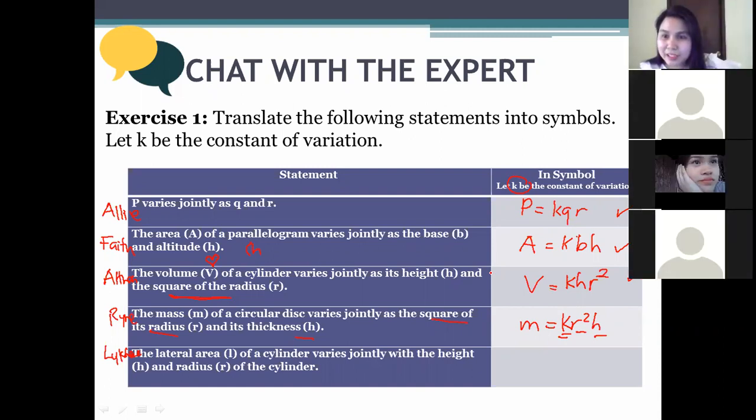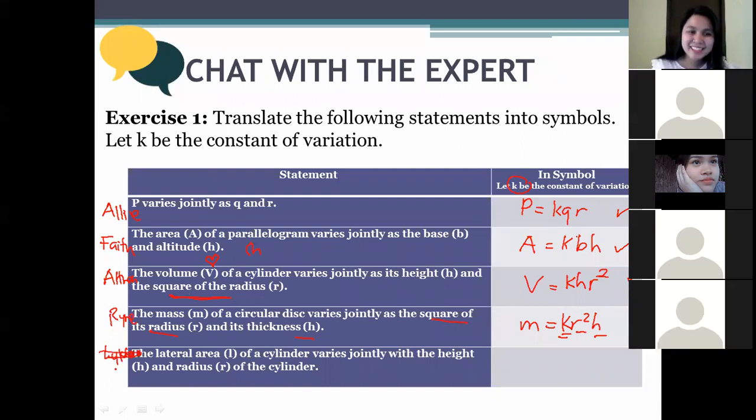How about Janine? Yes, ma'am. Can you answer the last one? How will you translate it? L equals K H R. Oh, very good. So you see, it's an easy one.